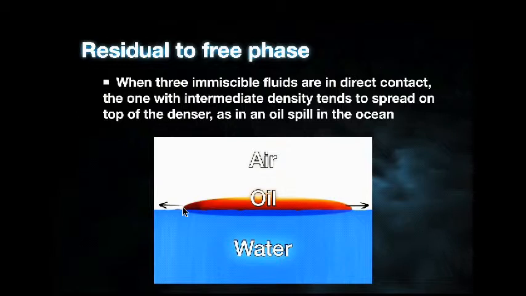You have three fluids. Instead of two, we've been dealing with two fluids and a surface. Now we have three fluids and a surface. And what happens is that the fluid that has an intermediate density tends to spread on top of the fluid of a higher density.